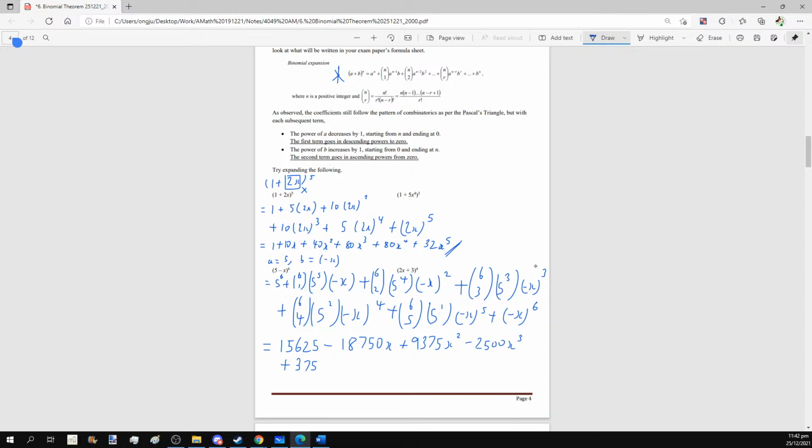That is a very painful idea. Right, so once you open everything up, then we will be done with all these expansion type questions.